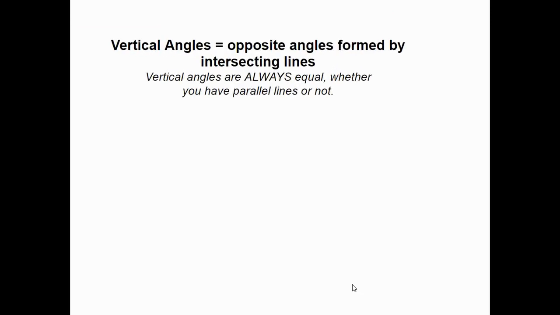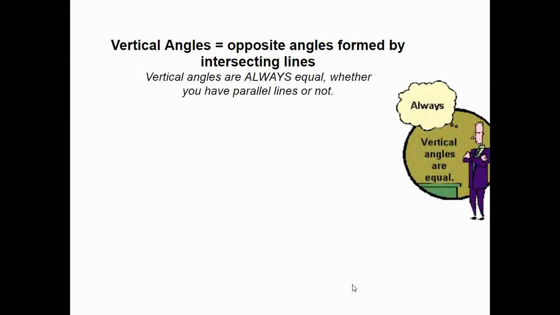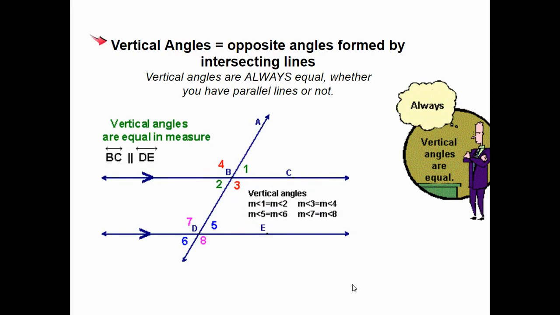But continuing on, vertical angles are opposite angles formed by intersecting lines. So you're going to fill those words in, and that happens whether you have parallel lines or not. And so an example of those opposite angles would be 1 and 2, 4 and 3, 7 and 8, 5 and 8. So they are the same measures.